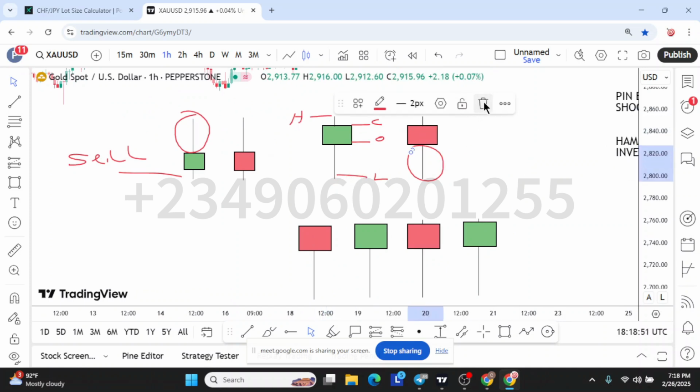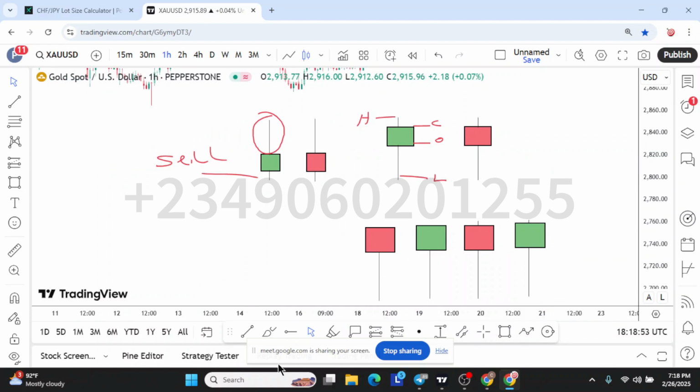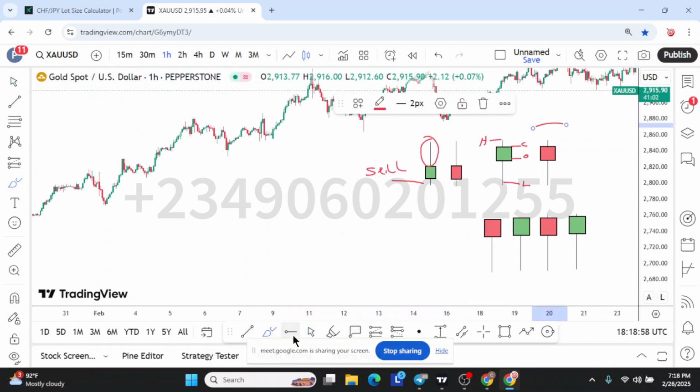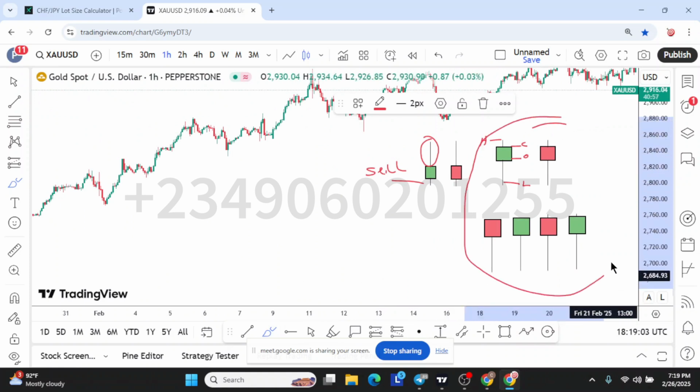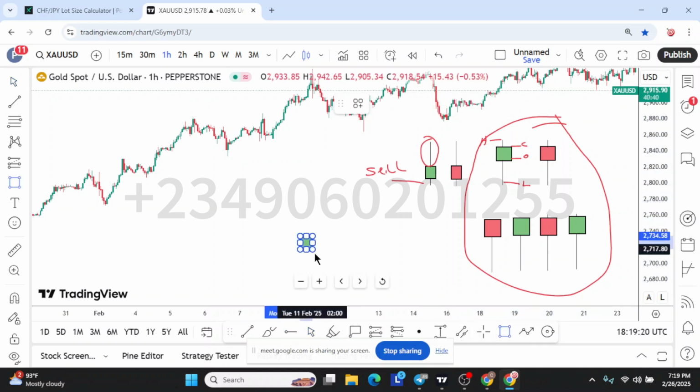Same decision, it is what the pin bar also tells us. So that's why we can classify them as the same family. The pin bar and the hammer, we can classify them as the same family. The pin bar tells us to buy, the hammer also tells us to buy, and the opposite of these two is still the exact same way, where we have it like this.